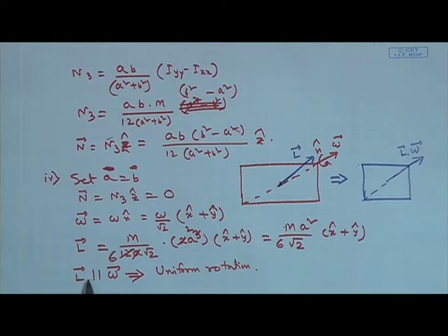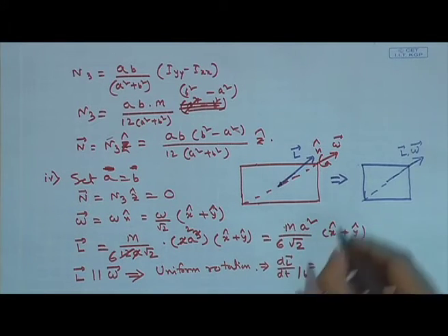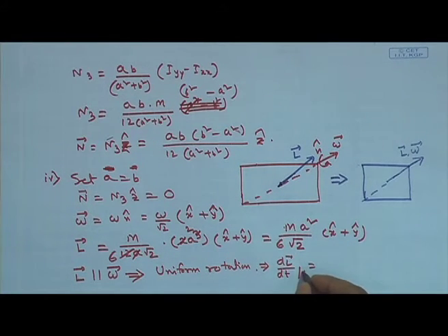Now omega parallel to L essentially means dL dt around this particular set of body axes, which is the diagonal, we will just write dL dt diagonal, just to distinguish it from any other dL dt body, is equal to 0. What does it physically signify?